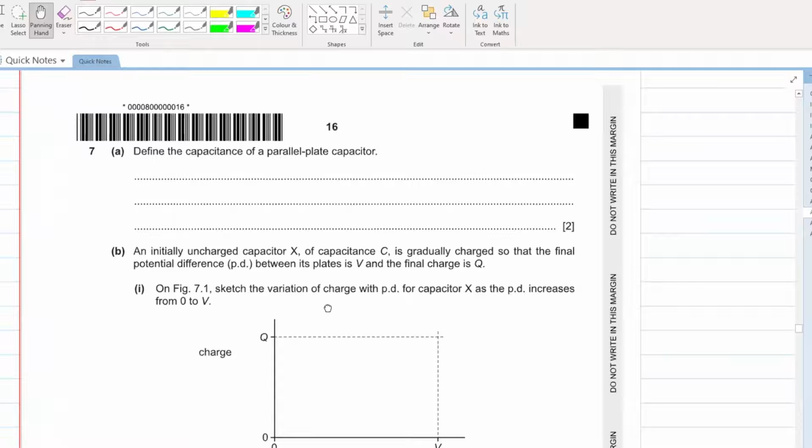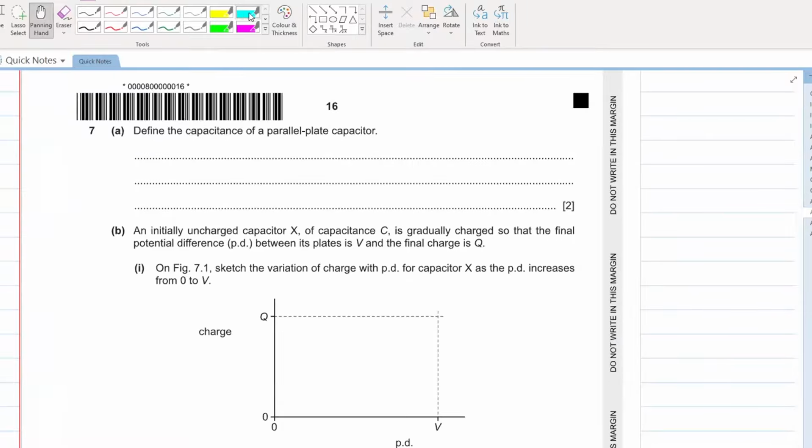Define the capacitance of a parallel plate capacitor. This is a two marker question. What will you say here?